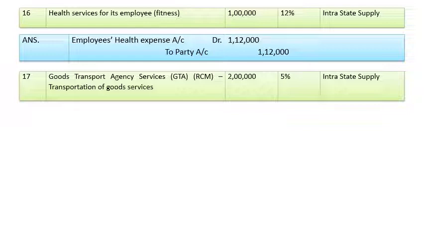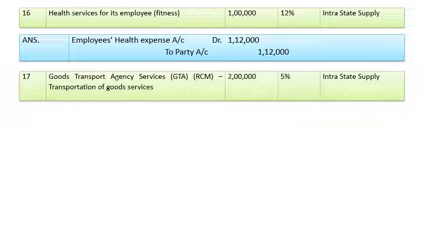Now in reverse charge mechanism, a special kind of entry can be passed, because the GST amount is to be paid only through the cash ledger. That means in the first stage credit is not available. The recipient has to deposit the GST amount to the government, and later he will claim the credit if he is a dealer.